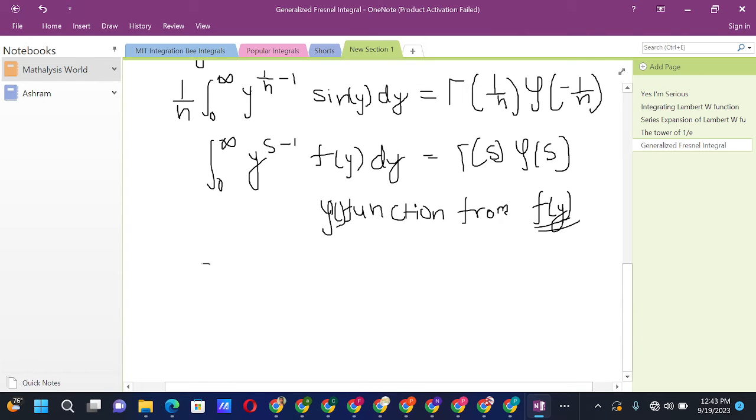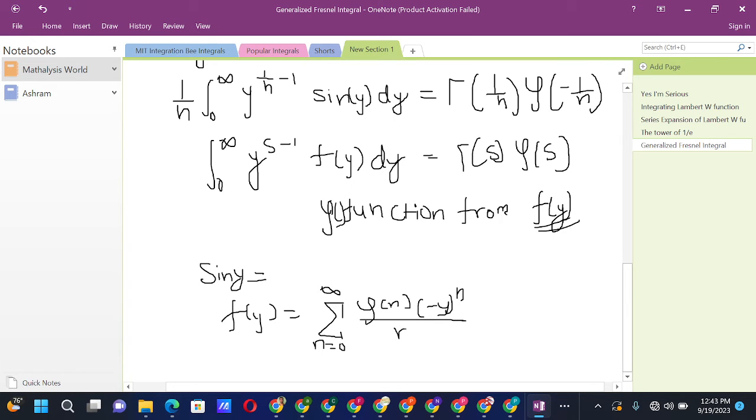So we need to express this f of y in the following form: the sum from n equals 0 to infinity of phi of n times minus y to the power n by n factorial.